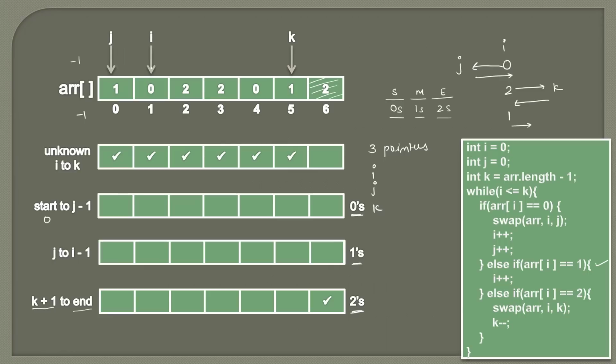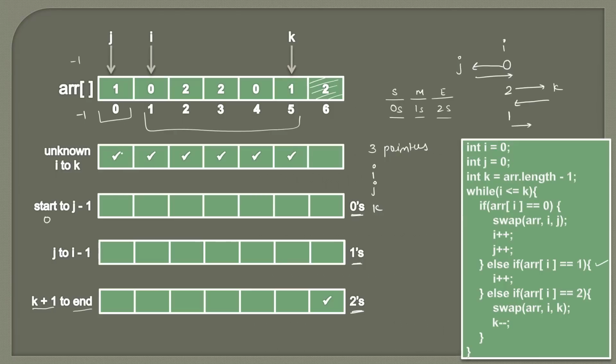So I will come here, and as I comes here you can see that unknown is from I to k, which is this portion now, because this number is known. From start to j-1 we have zeros, so j is still here, j-1 is out of this area. From j to I-1 we have to mark 1, so j to I-1, which is this part, we have to mark 1.